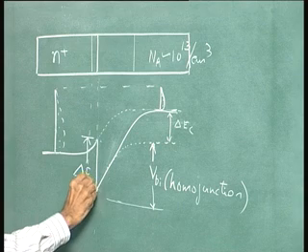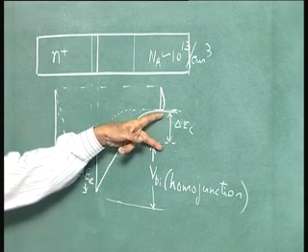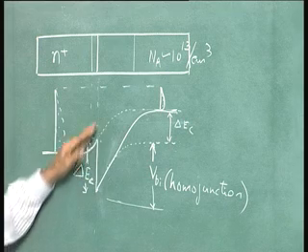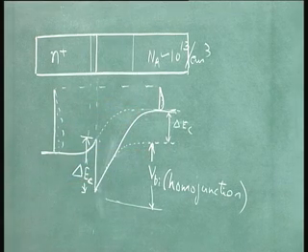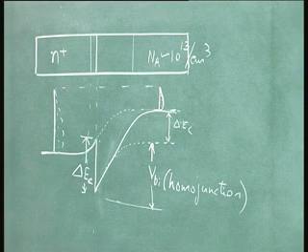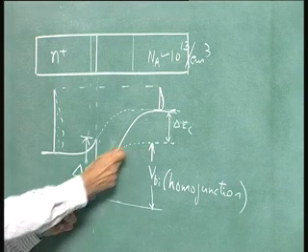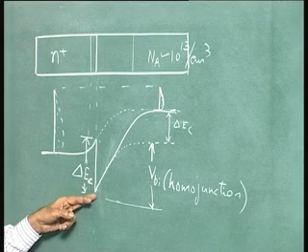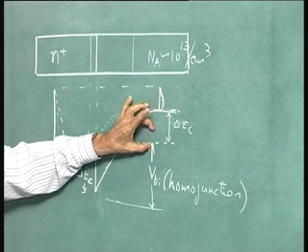If this is shifted down by delta E c, this also will be delta E c, because it is the same change that is taking place. So, if the built-in potential were same as that of a homojunction, what would have been the situation? That is the built-in potential VBI of the homojunction, and this would have shifted down.